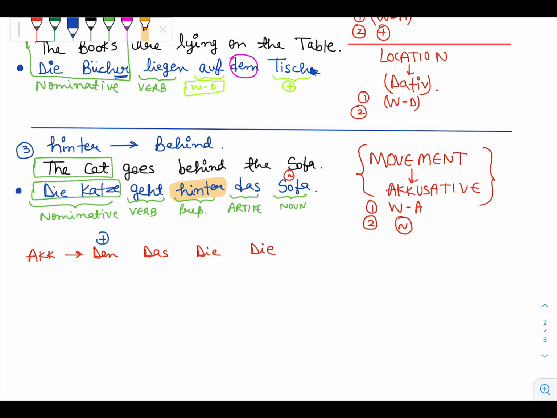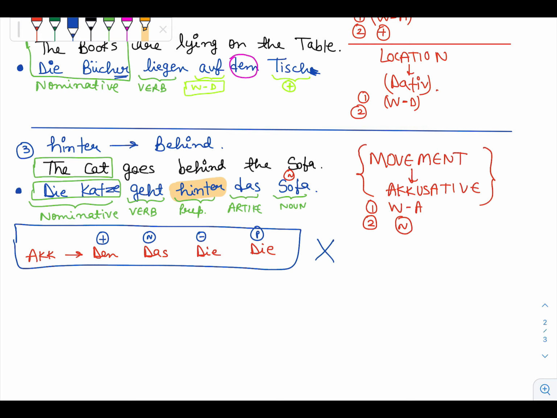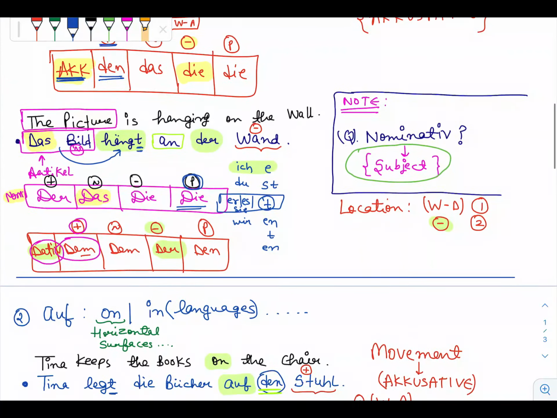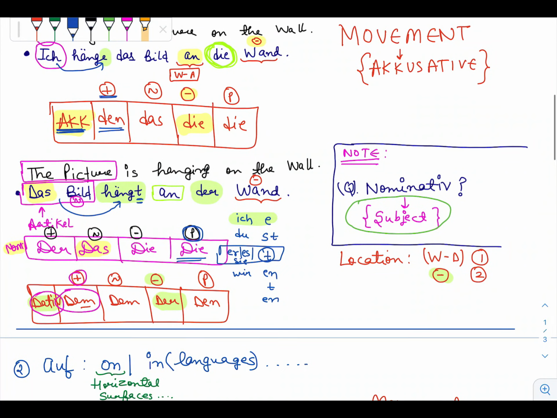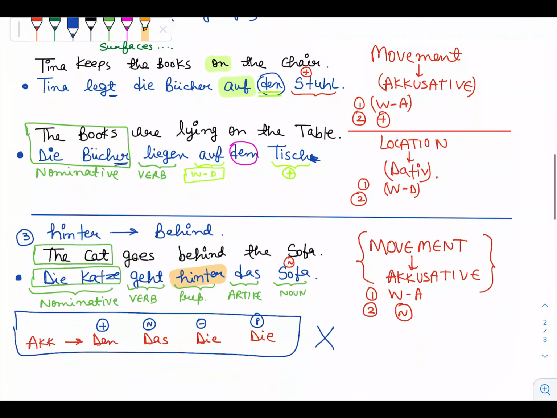Masculine, neutral, feminine. See why every time I write this: the more I speak and the more I write, automatically it comes into your mind and you will memorize it. I don't need to write this again and again, but in every lecture I write all this so that directly or indirectly you will learn how these articles work in the table.